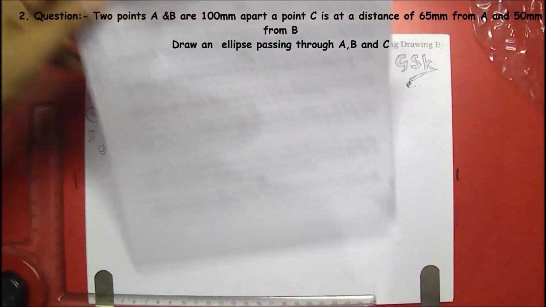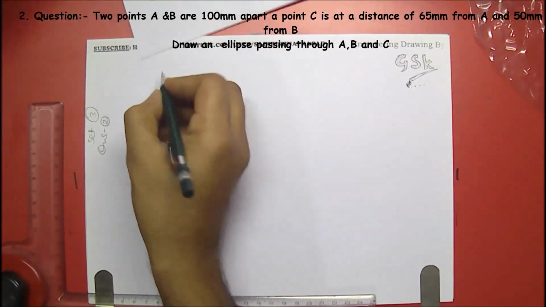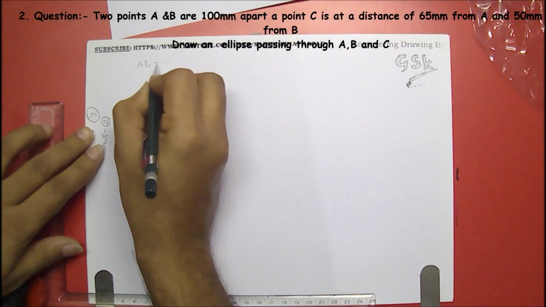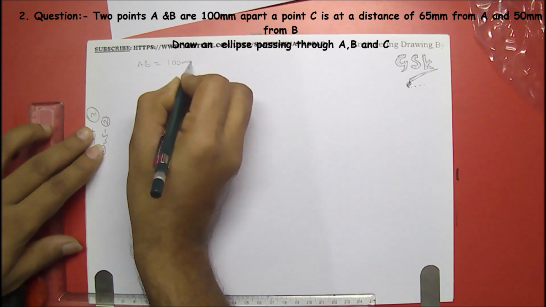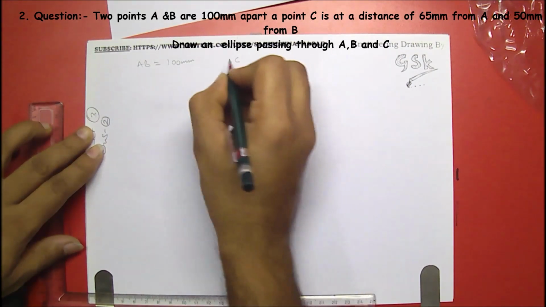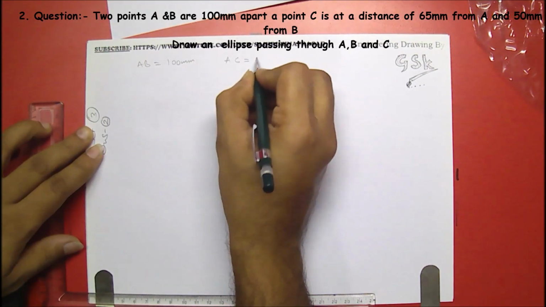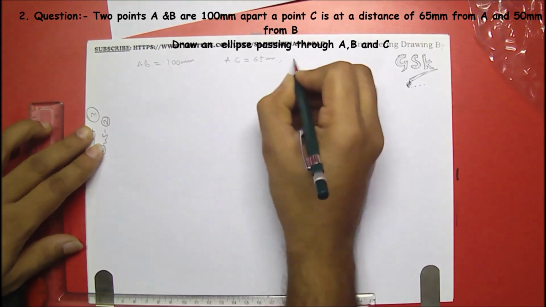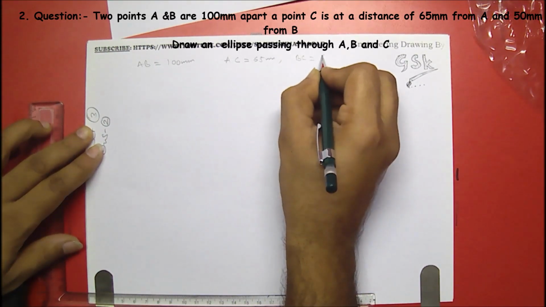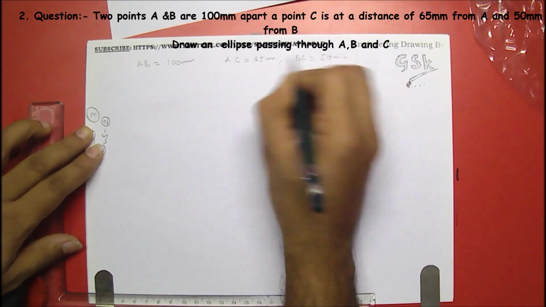So let's write down the given data from the question. AB is equal to 100 mm. AC is equal to 65 and BC is equal to 50, right?